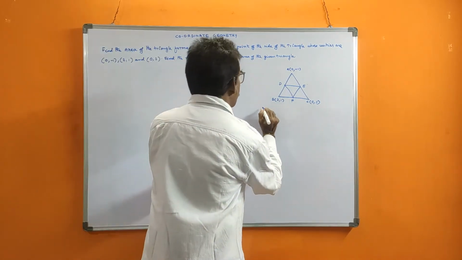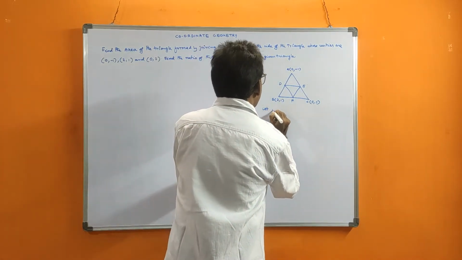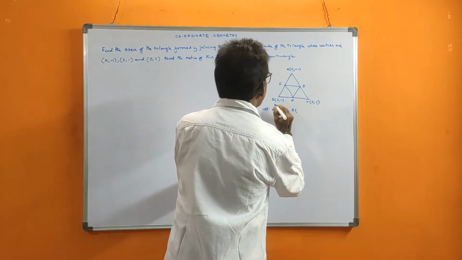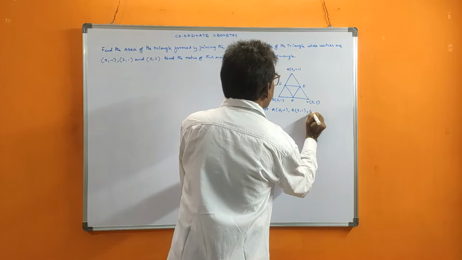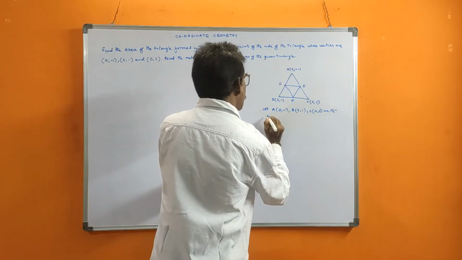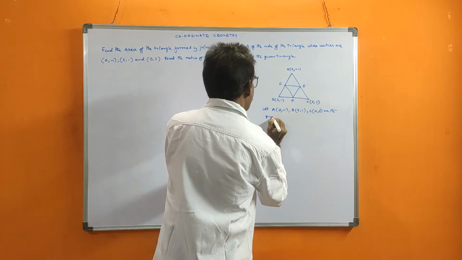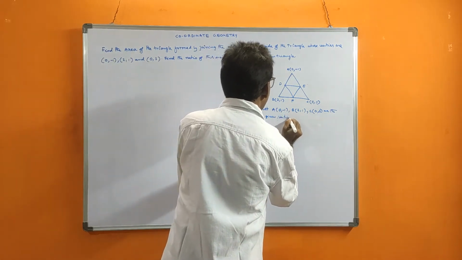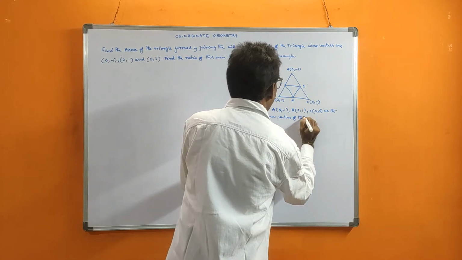First write, let A (0, -1), B (2, 1), C (0, 3) be the given vertices of the triangle.